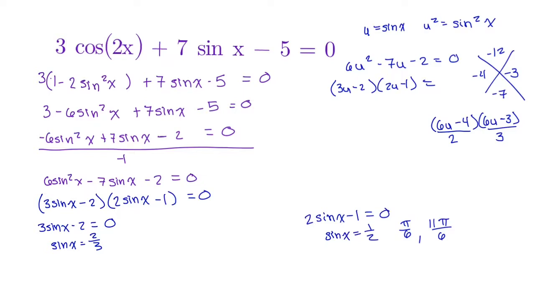Okay, so when it comes to this one, 2/3 is not on our unit circle, so we're going to do x is equal to the inverse sine of 2/3, and we can plug that into our calculator, and we get the answer of about 0.73, rounding that. So what this tells us is that's in the first quadrant. The other place where it's going to equal positive 2/3 is in the second quadrant.